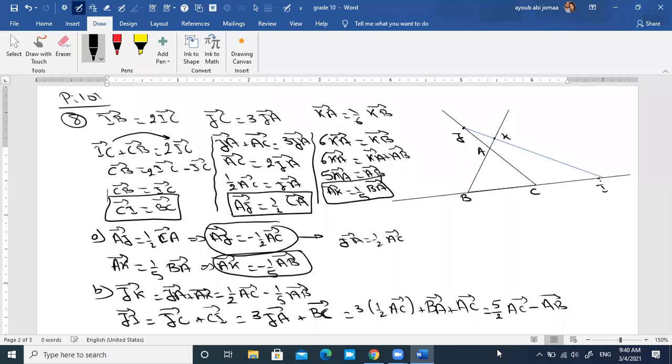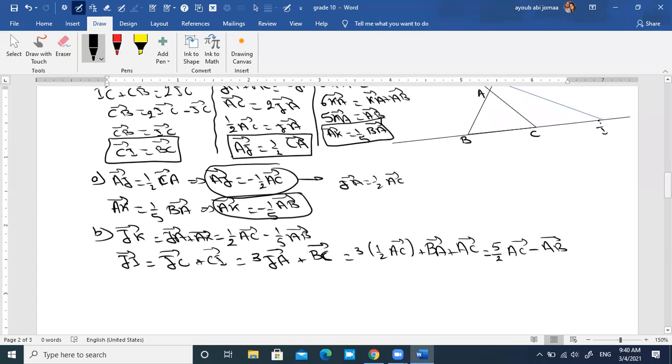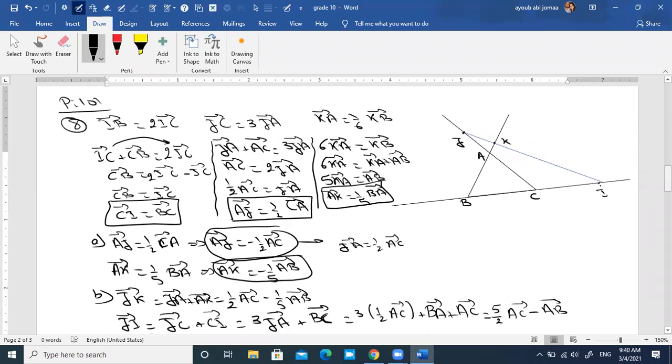Yes. Again, to repeat, JI is JC plus CI. Insert point C here: JC plus CI. But JC is given as 3JA. Plus CI, we proved that CI is equal to BC from this one.